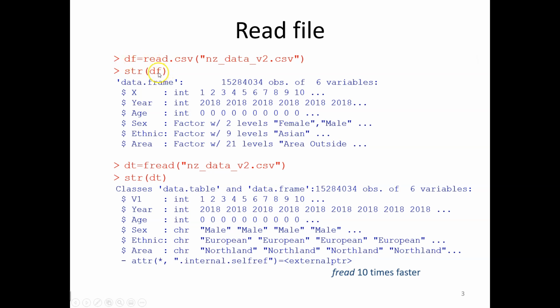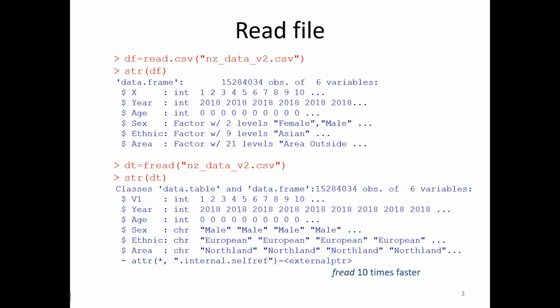And if we look at the structure of what we read by writing str, we get this. What this file contains is the raw data from a census in New Zealand with one row per individual, and it's actually 3 censuses from 3 different years, so you have approximately 15 million rows in this dataset.